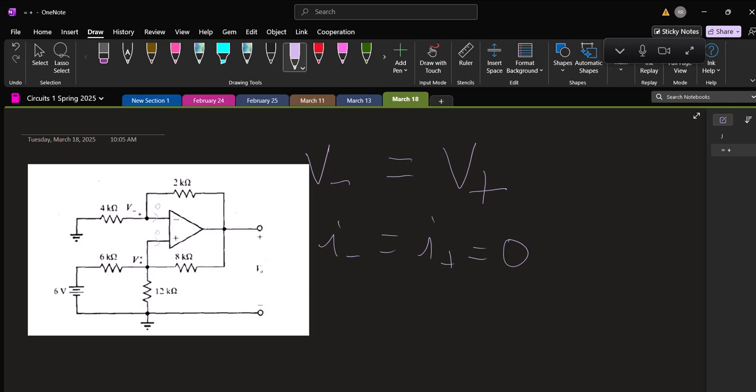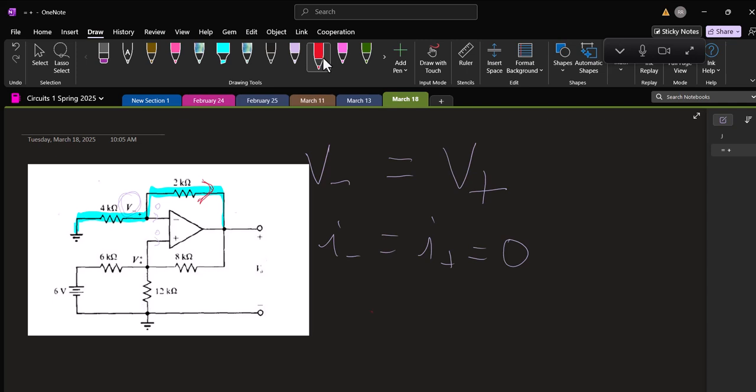So that also tells us if I'm looking at V minus, I know that the current here all the way through there has to be the same because none of it can branch off and go into the op amp.